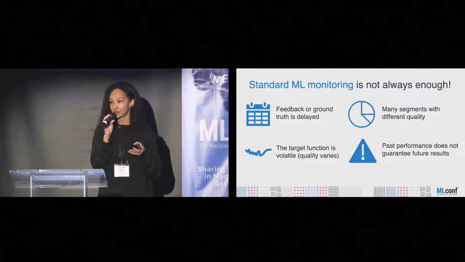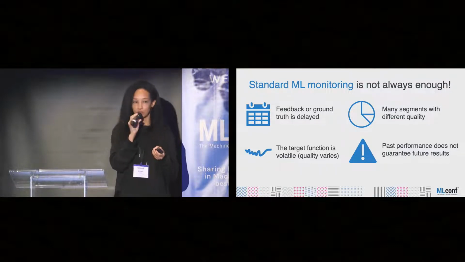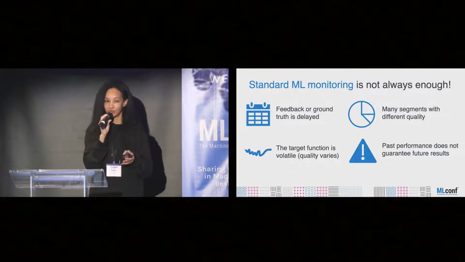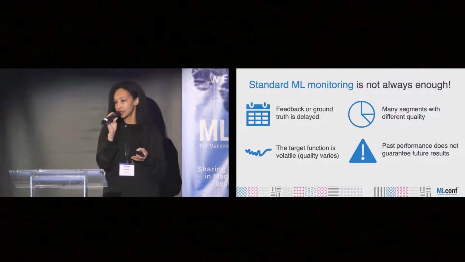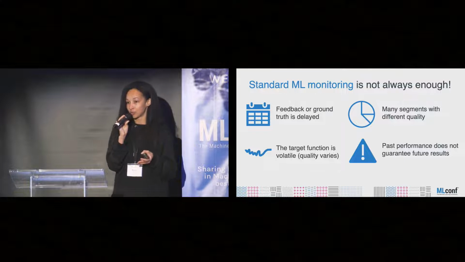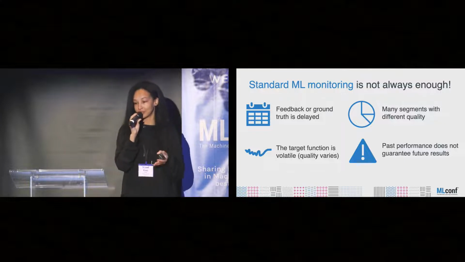Often we apply machine learning models to objects which can be clustered in many segments, for example, audience segments or different product segments. And in this case, a model can have different quality on different segments. Generally, it's not a problem. We can monitor each segment separately.